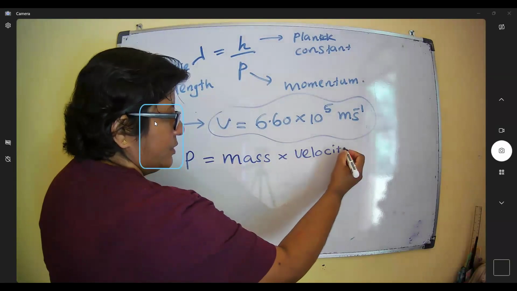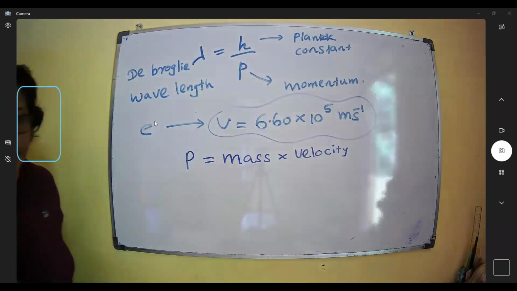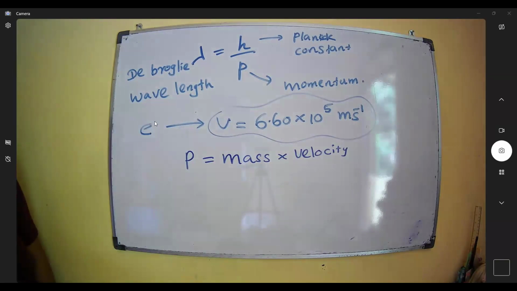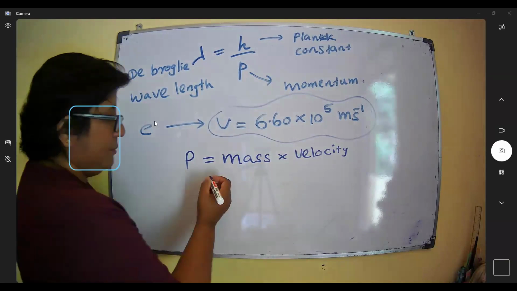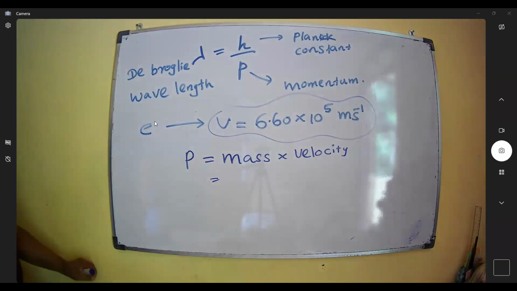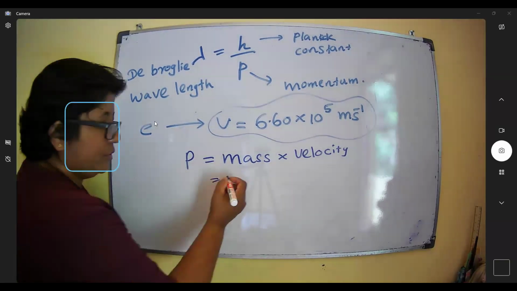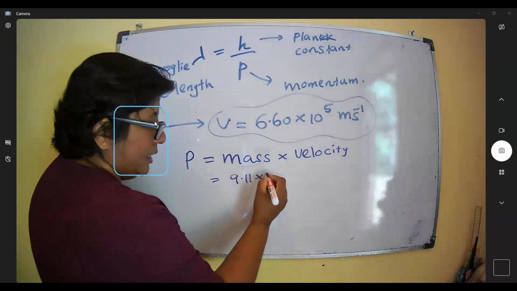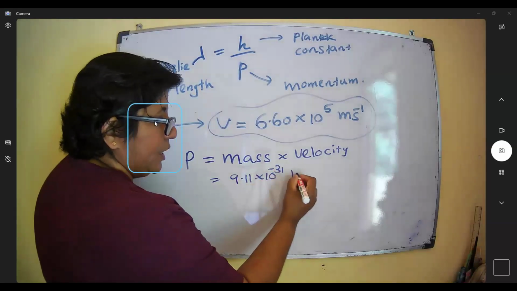Mass into velocity. Since the electron is considered, we have to know the electron's mass and multiply it by the velocity. The mass of the electron is also given in the question paper. I will give the value, and you should remember 9.11 × 10^-31 kilogram.